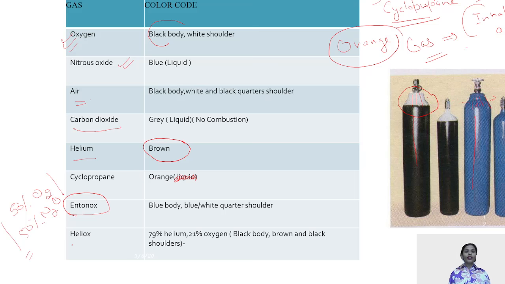And then we have Heliox, which is a mixture of helium and oxygen. It has a black body with black and brown shoulders. So these are the color codes that you all have to remember, because innumerable times these questions have been asked in your AIIMS, in your NEET PGs, etc.